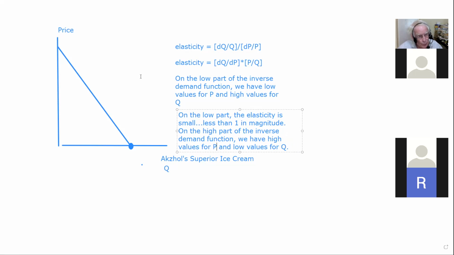So the elasticity up here has a large value, larger than 1 in magnitude.